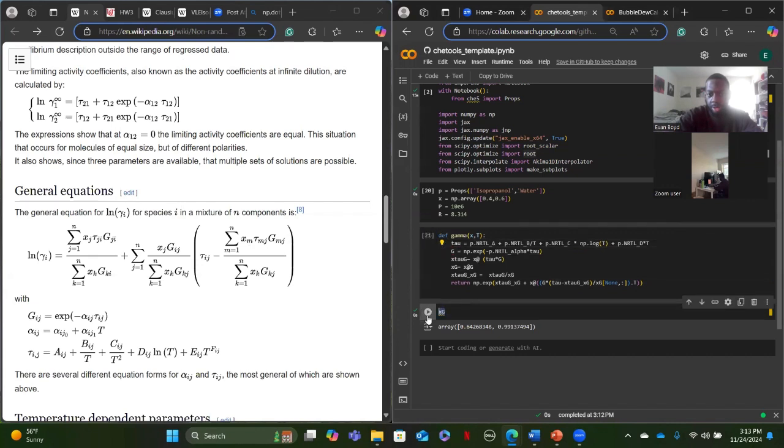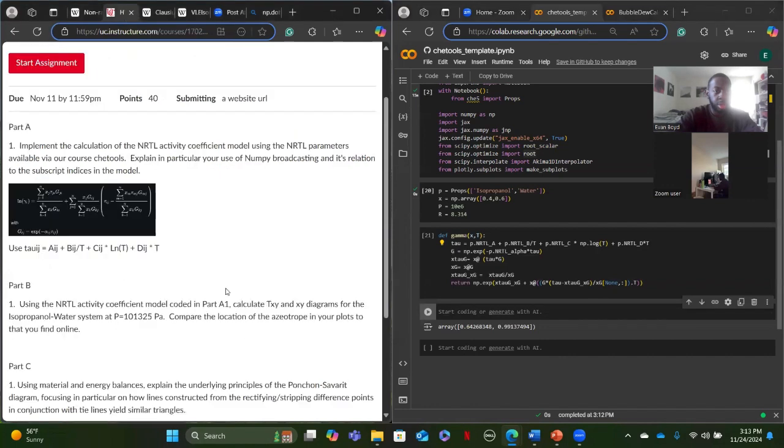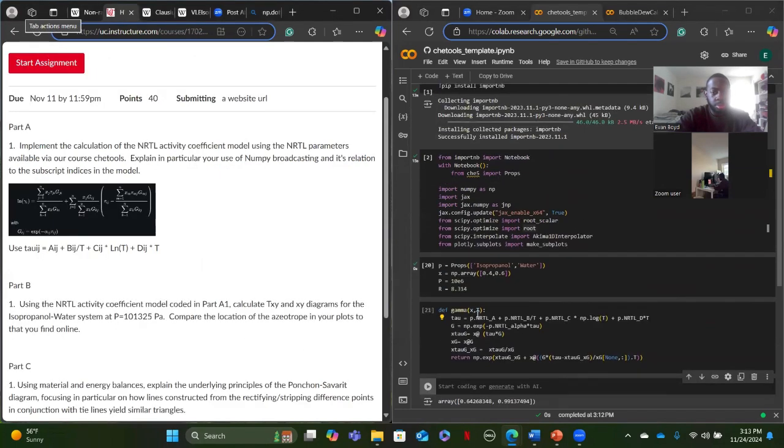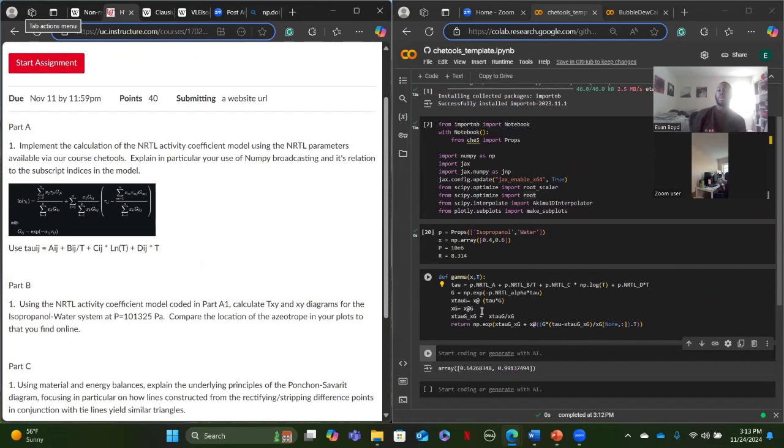All right, and now we can get started. First, we do what we did for our bubble point and dew point calculations. Instead of ideal conditions, we will have non-ideal conditions. That's why we use NRTL.